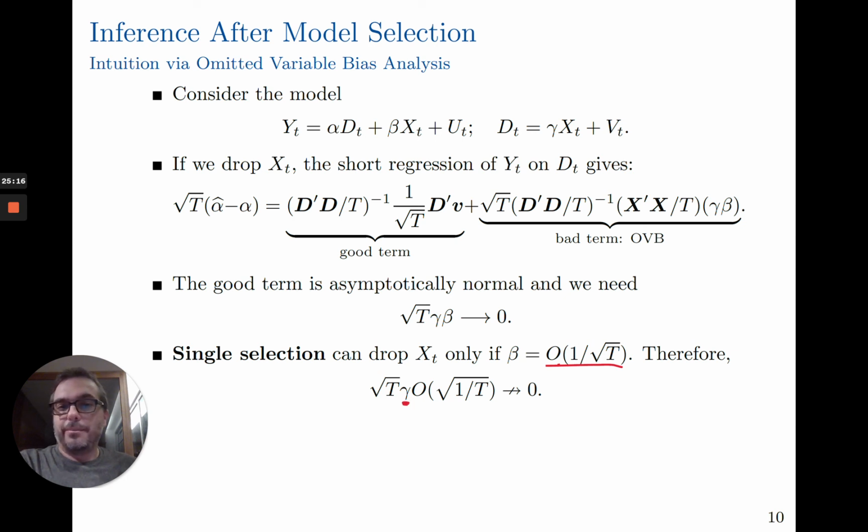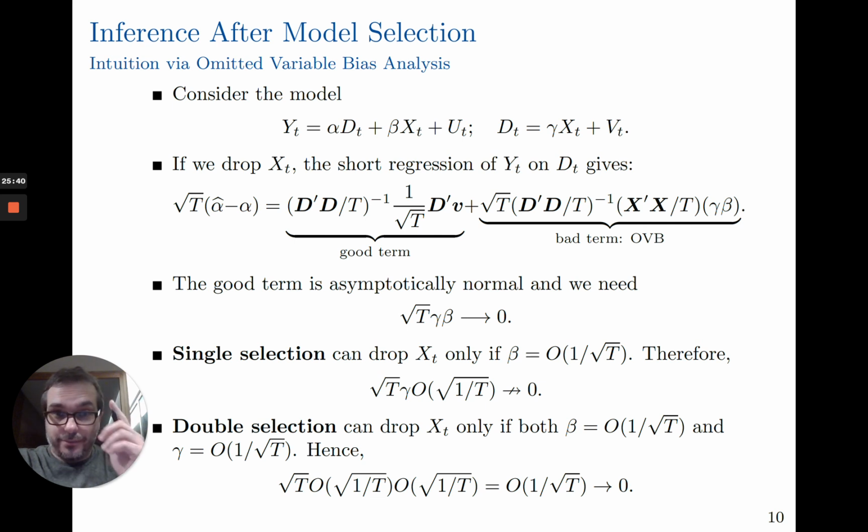So the bias term won't vanish, because we are going to have square root t, gamma, and something of the order 1 over square root t, which is not converging to 0. It's converging to a value that's different from 0.